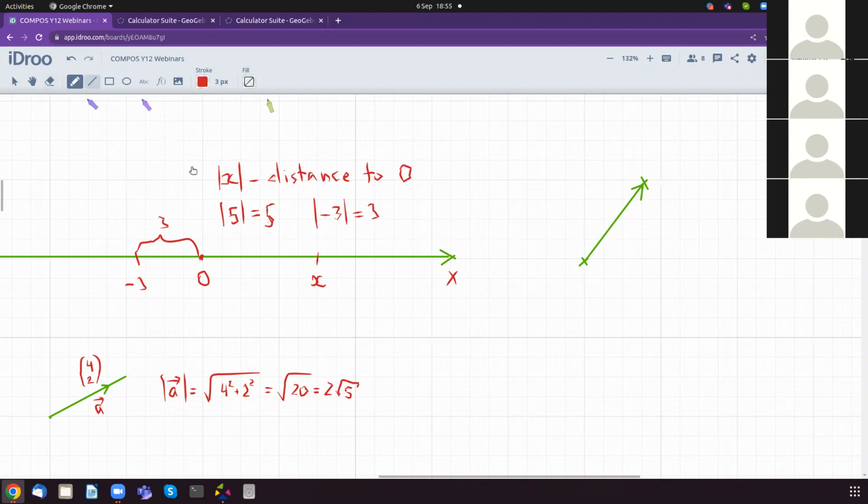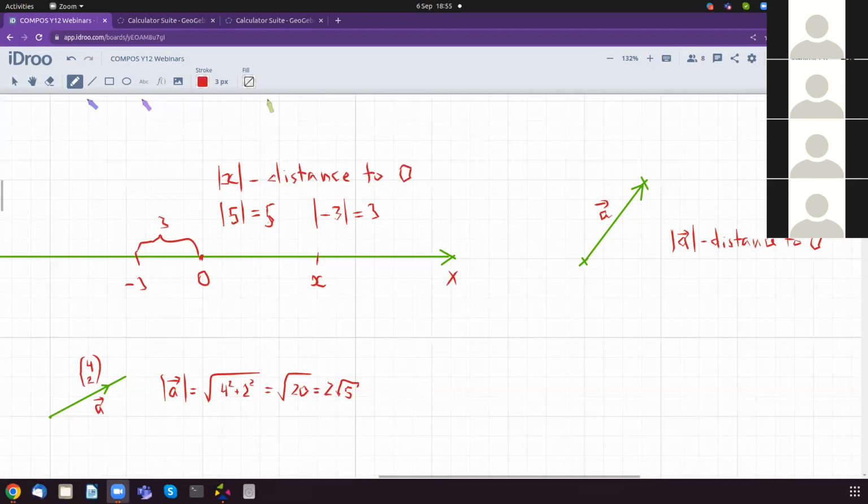In this case, if this is vector A, modulus A is the distance to the origin, if that makes sense. That's why we use the modulus sign.